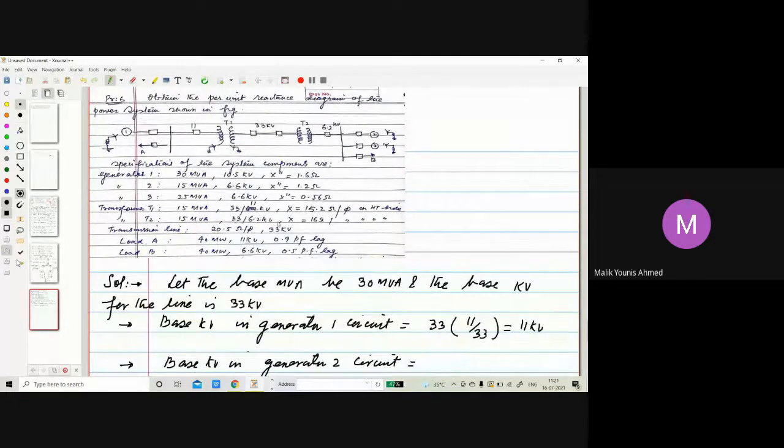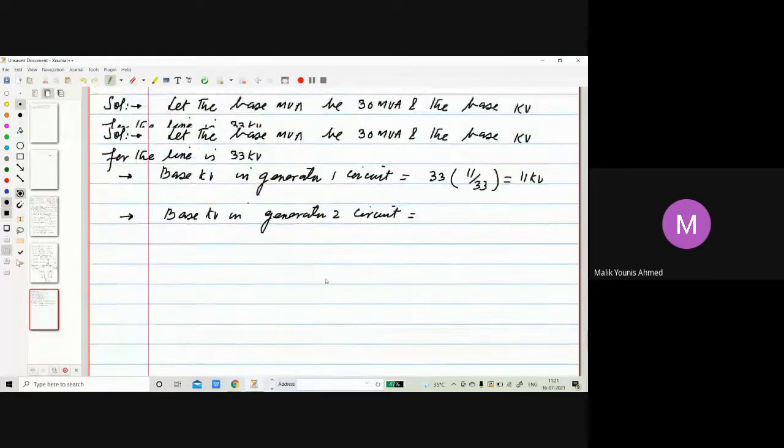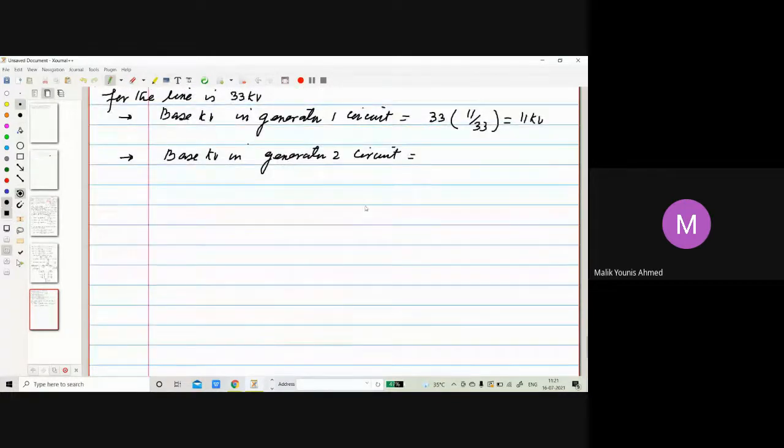T2, what is the ratio? 6.2 by 33 kV. So that is 33 multiplied by 6.2 divided by 33, and that value comes out to be 6.2 kV. 6.2 kV is the base kV on this side.